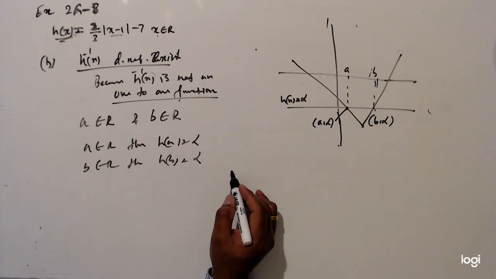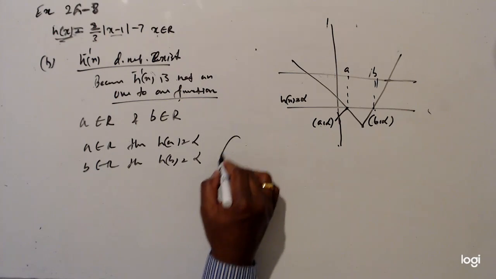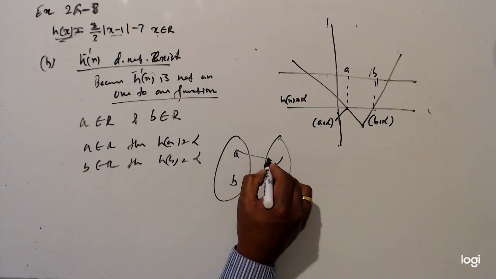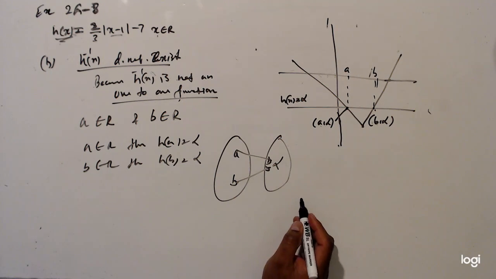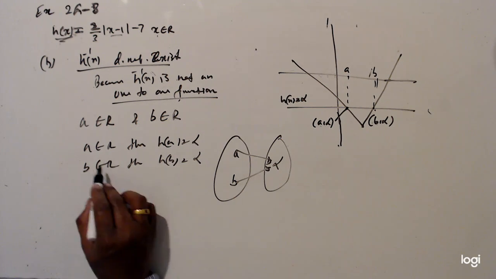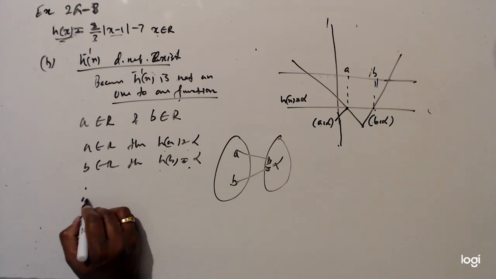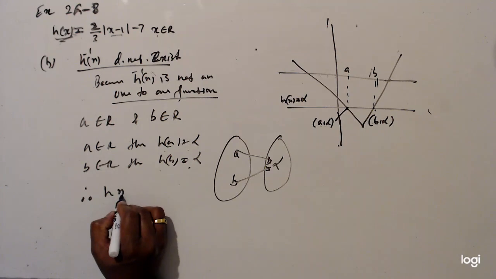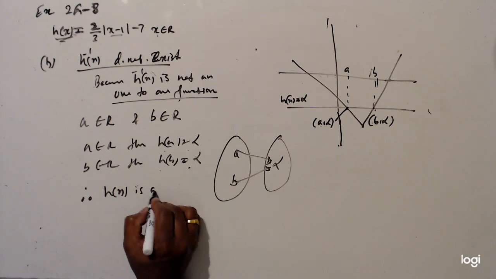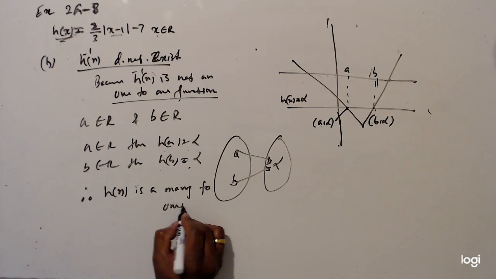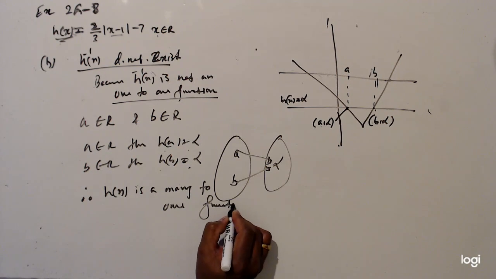Hence a and b both go to alpha. So h(a) is alpha, h(b) is alpha. Hence h(x) is a many to one function.